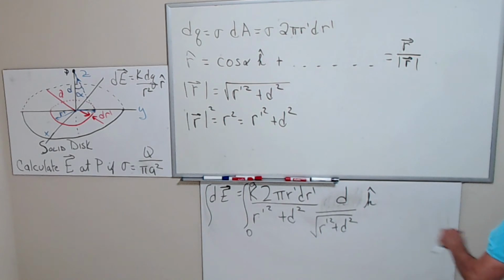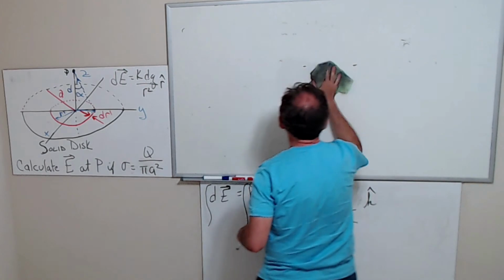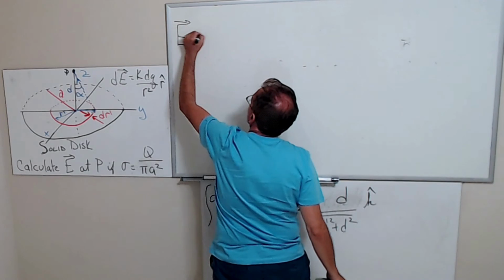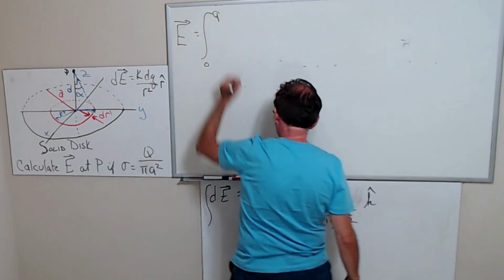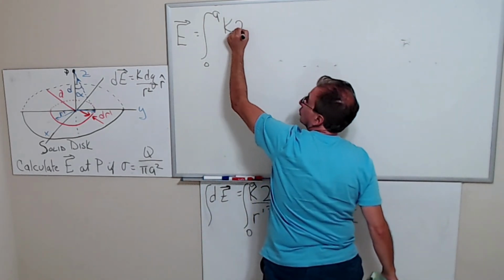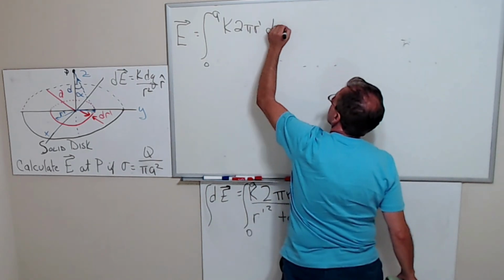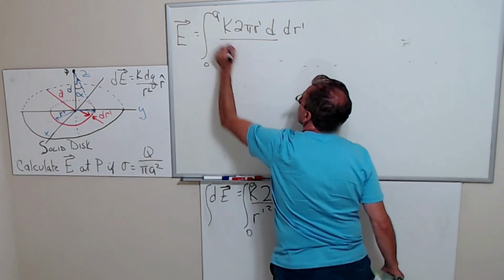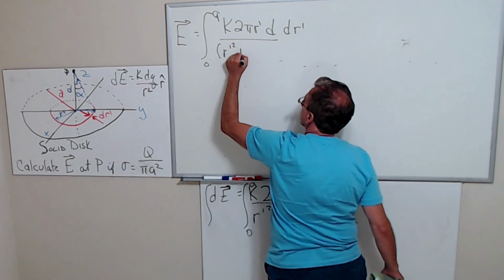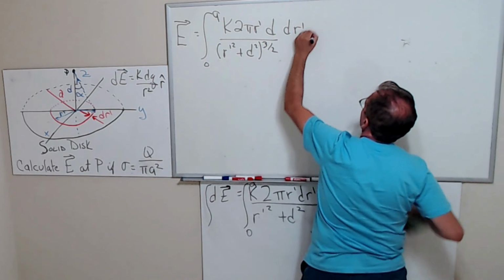But before I go on, let me rewrite this term. From zero to a, then I have k times 2 pi r prime d, dr prime over, and I'm going to multiply these two together, and I have my k hat.